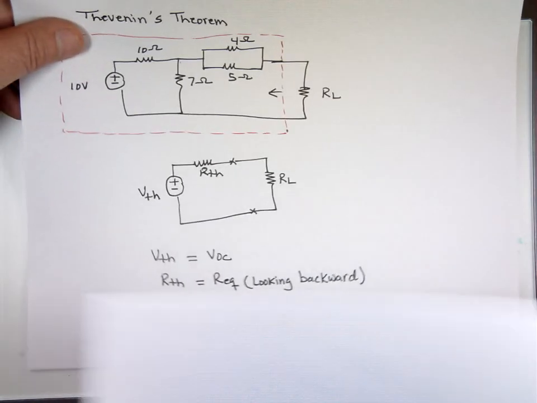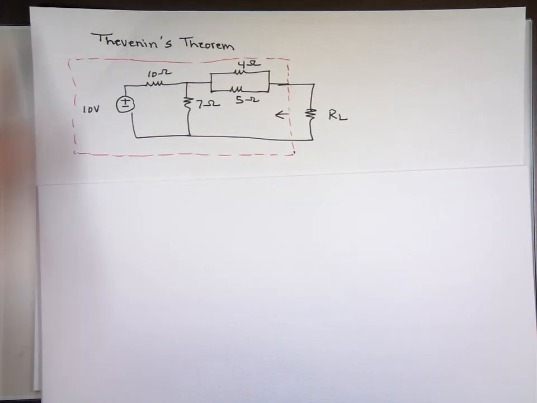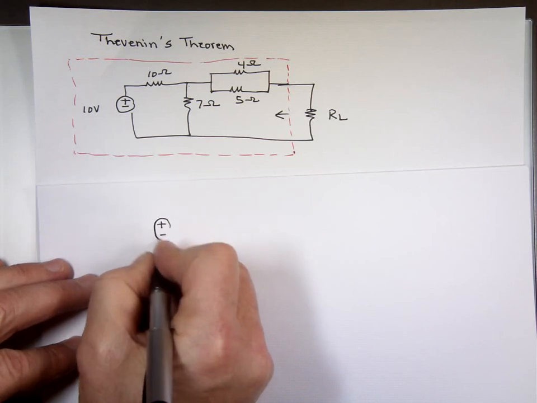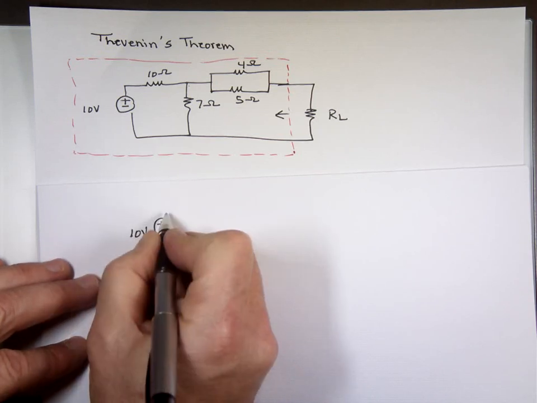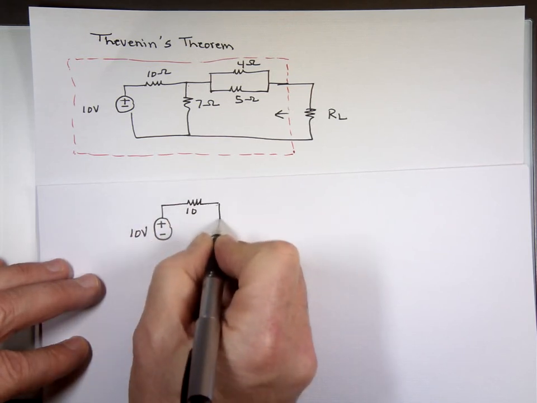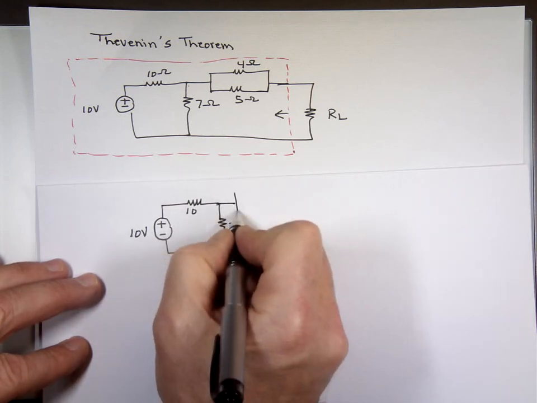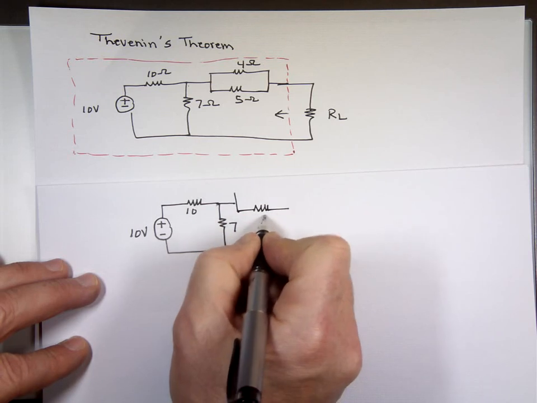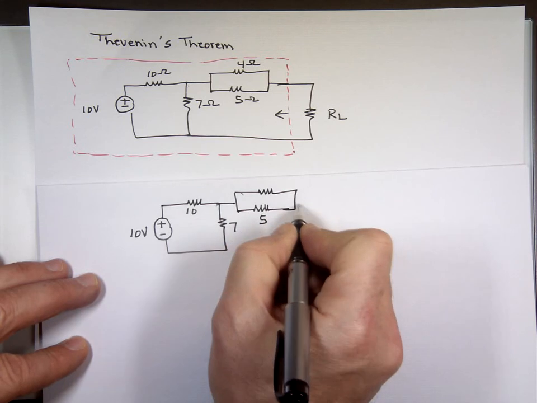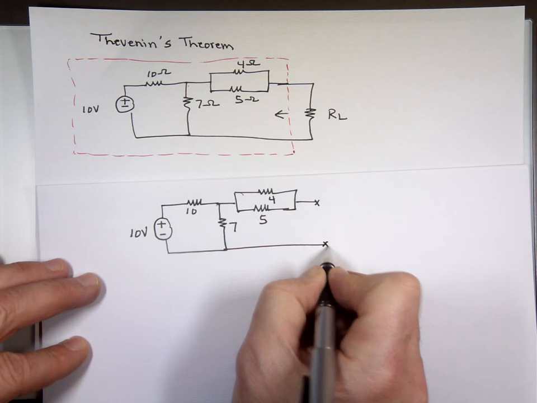So let's take this example and find what V Thevenin and R Thevenin are. Again, the numbers might be really ugly because I didn't even think about any of these numbers, I just threw them up there. So here's my circuit. I'm chopping it right there. 10 volts, 10 ohms, 7 ohm, 5 ohm, 4 ohms, and this is my V open circuit right there.